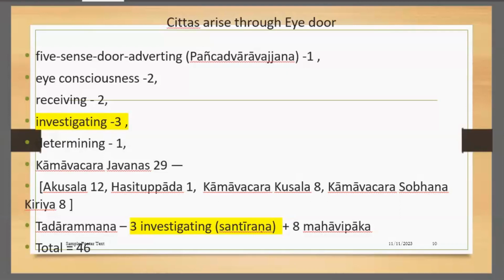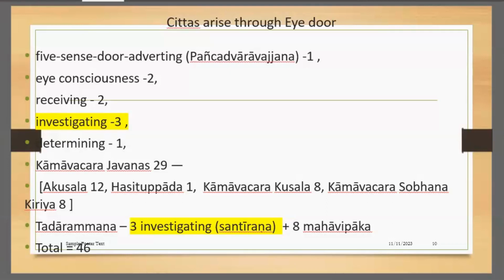For arahants, maha kiriya chitta. When arahants smile, hasituppada chitta arises. So those are the possibilities of arising Kamavachara Javana. After that, one of the Tadarammana chittas arises.